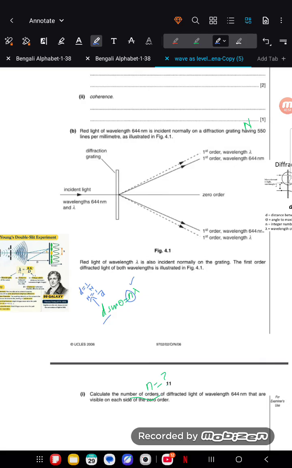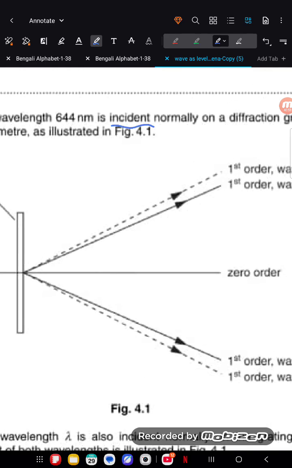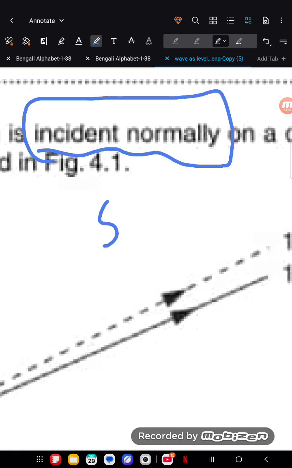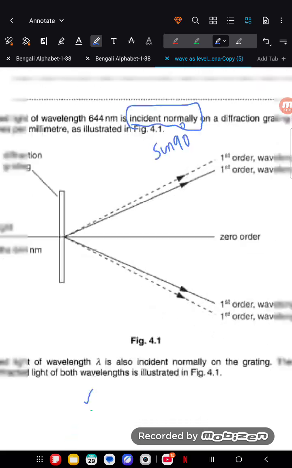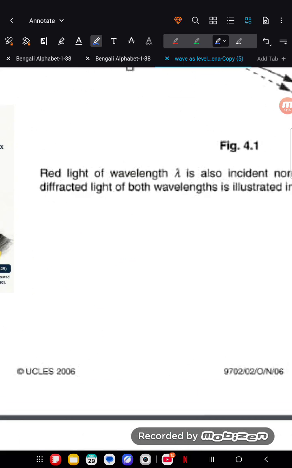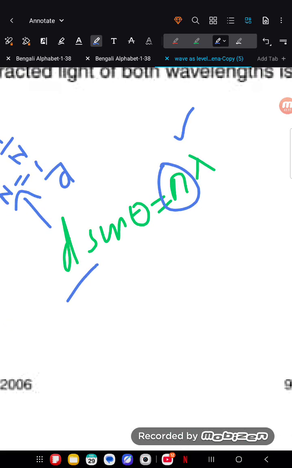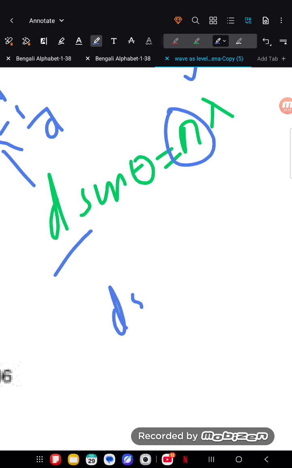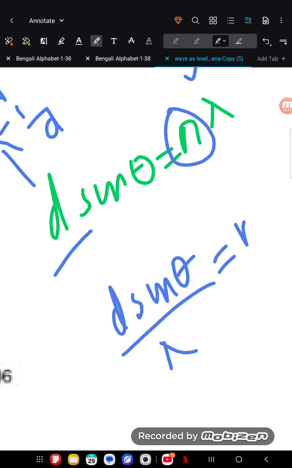Okay, incident normally. Yeah, here they said this word incident normally. Whenever they say incident normally, it means sine theta is 90 degrees, so take sine theta as 90 degrees, right? So just arrange and find: d sine theta divided by wavelength is n.